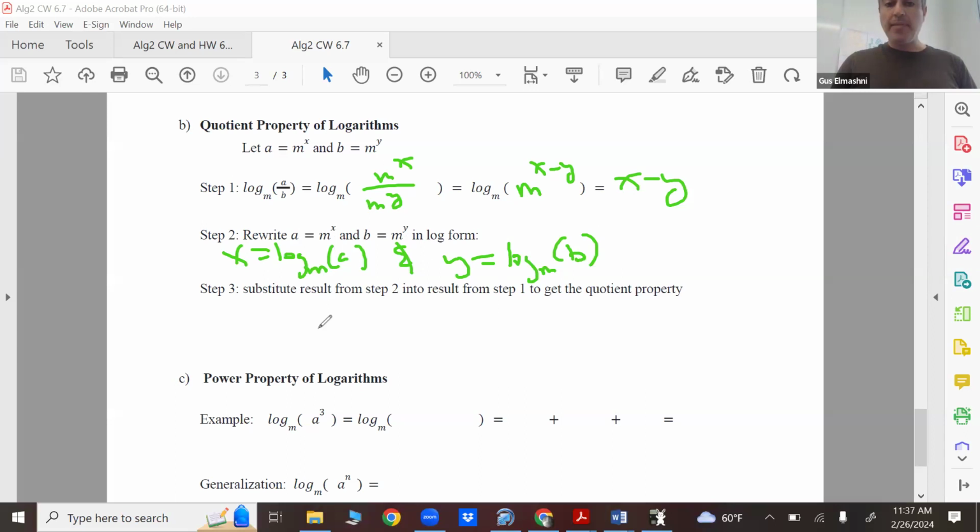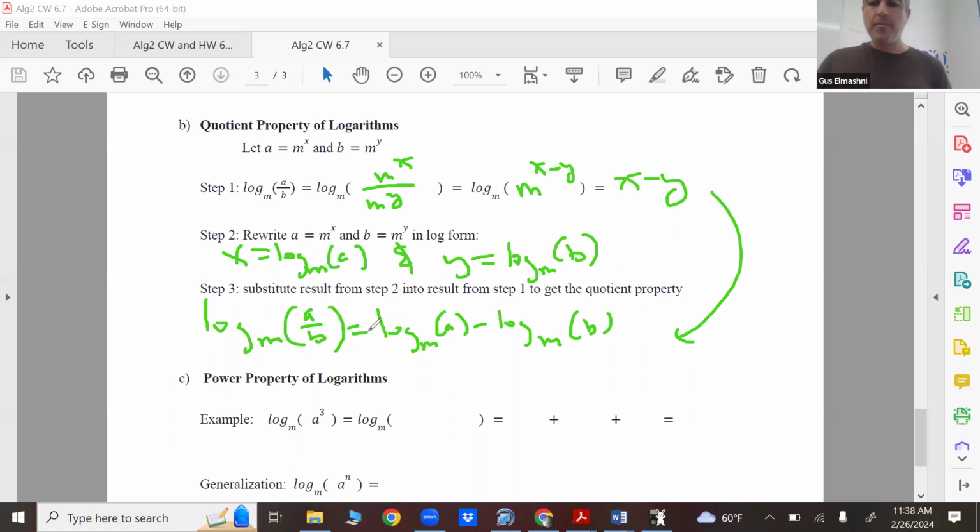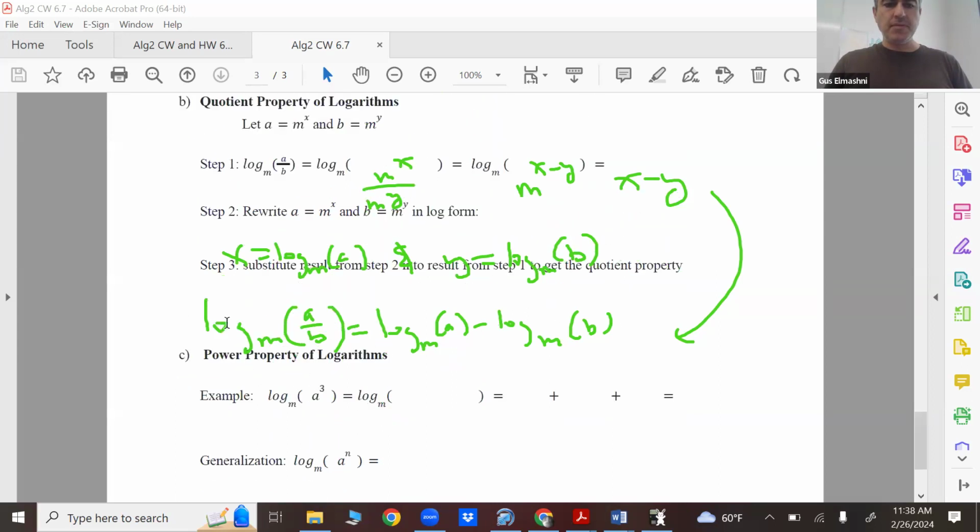And then x minus y is log base m of a minus log base m of b. Okay, there we go. So it's very similar to what we just did.